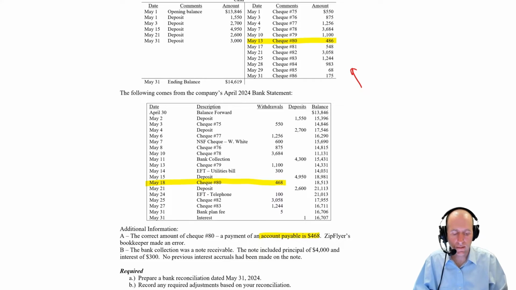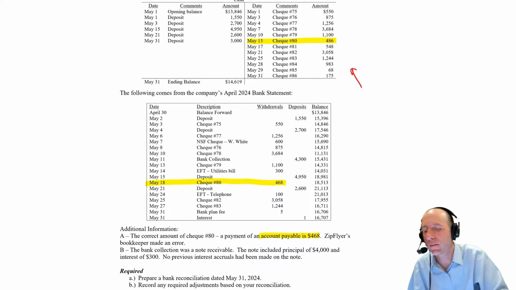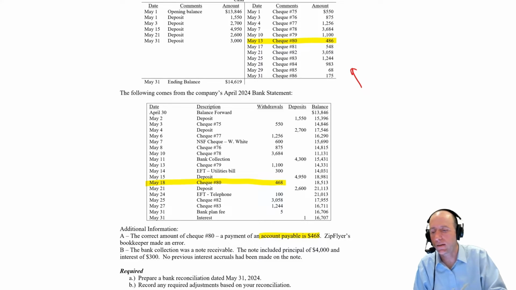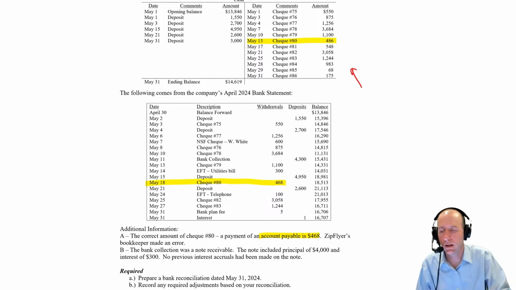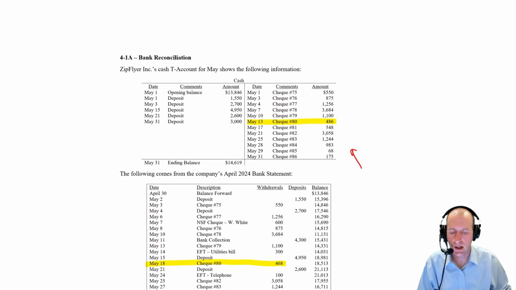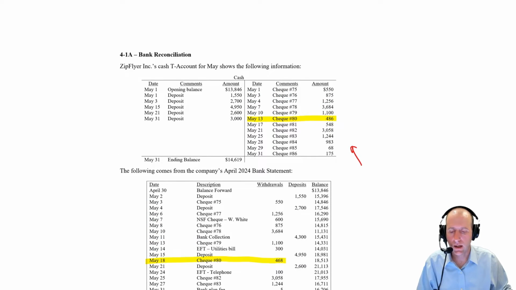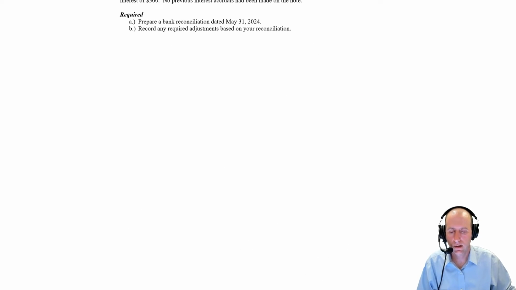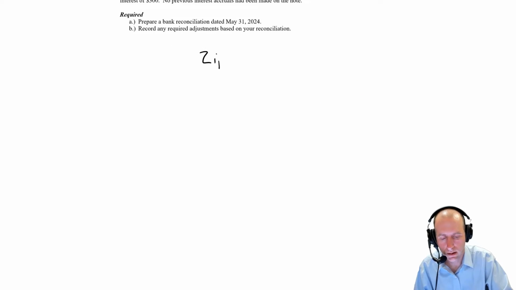I'm actually going to leave this thing I've highlighted, this 468 versus 486 thing, to the very end of my bank rec. Just fixing our error is a little bit tricky, but I think the rest of this is not too tricky. So let's begin with a title, and we'll start with the name of our company, ZipFlyer Inc. Name of the statement we're preparing.